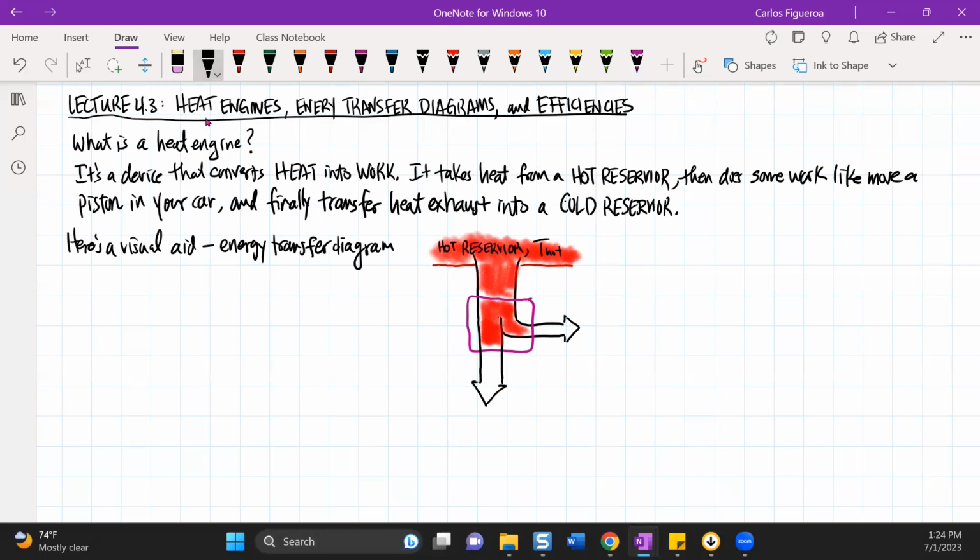This is the direction of Q hot. Part of it is then used for work, and it turns out that this is the output work. And then part of it is then ejected into the cold reservoir.